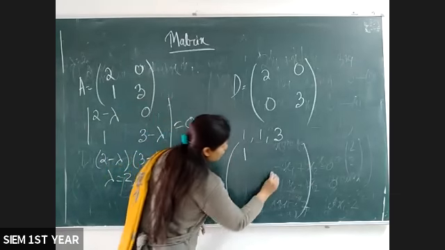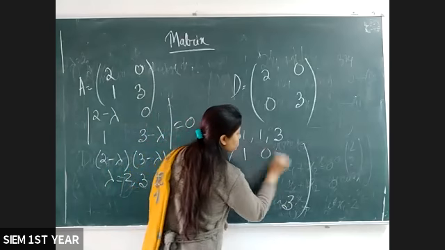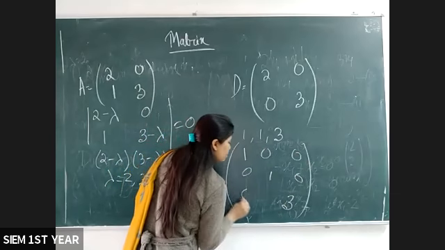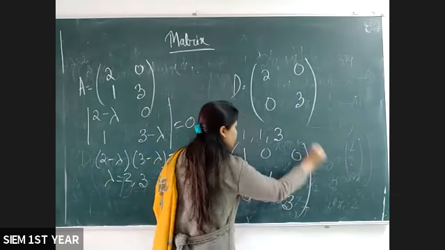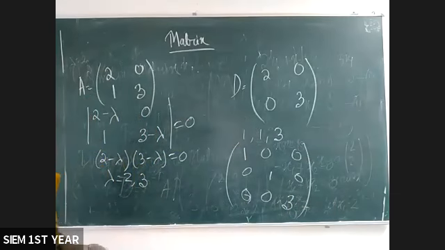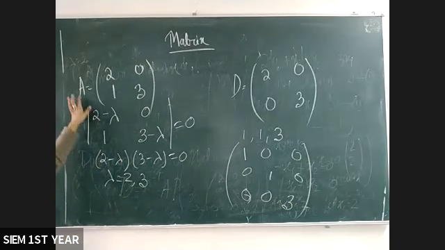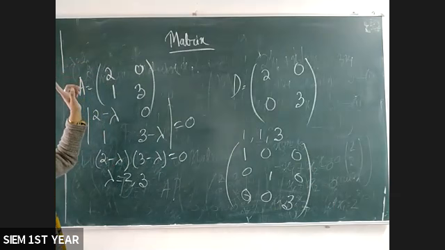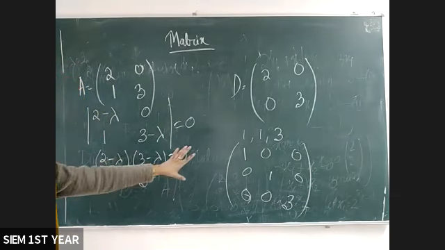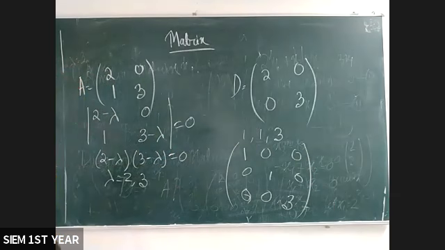Then we put 1, 1, 3 on the diagonal. This is the diagonalization of that matrix.